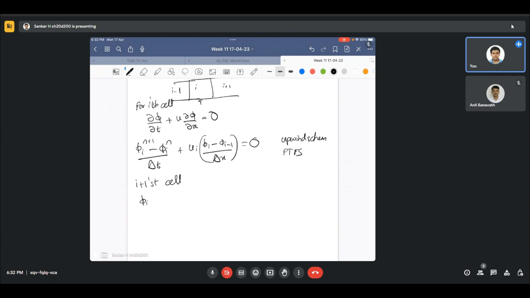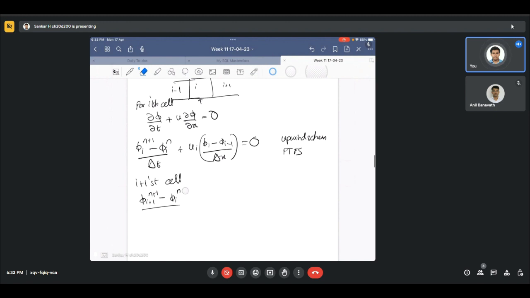Then it will be (φ_(i+1)^(n+1) minus φ_(i+1)^n) by Δt plus u_(i+1) into (φ_(i+1) minus φ_i) by Δx is equal to 0.